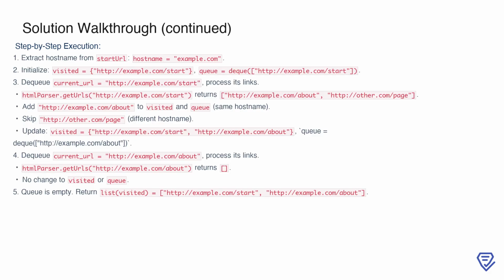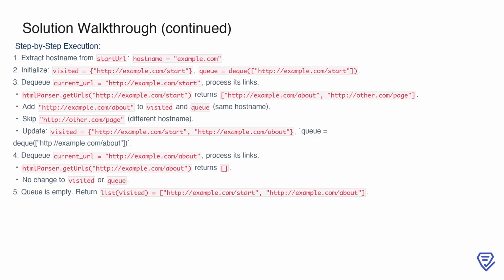In the cross-domain example, the start URL is http://example.com/start, and HTMLParser.getURLs for this page returns 2 links, http://example.com/about and http://other.com/page. The key difference here is that one of these links points to a different domain.